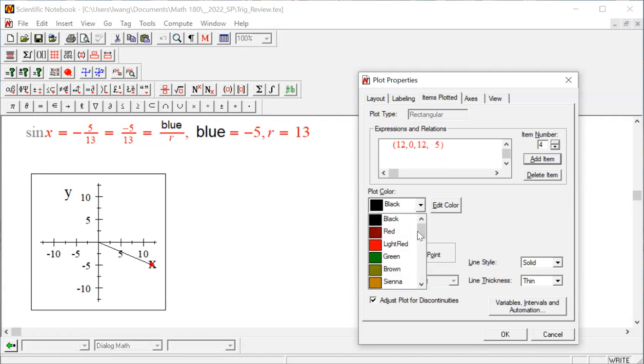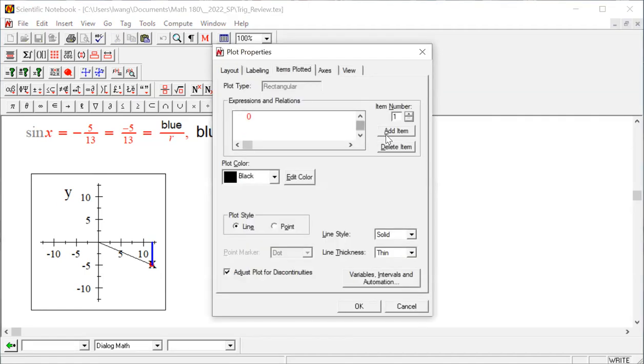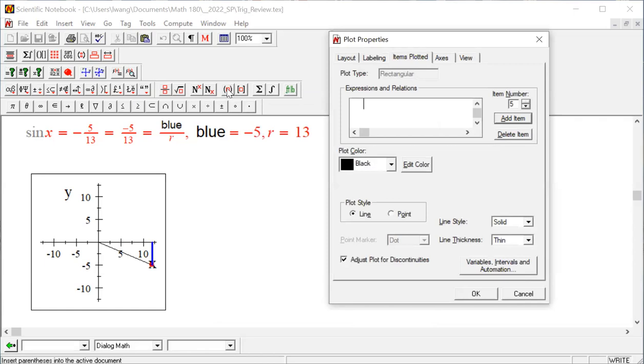So we know the blue, we know the red, we know the hypotenuse is 13. And we know the blue is -5. So the red is going to be 12, by Pythagorean theorem.